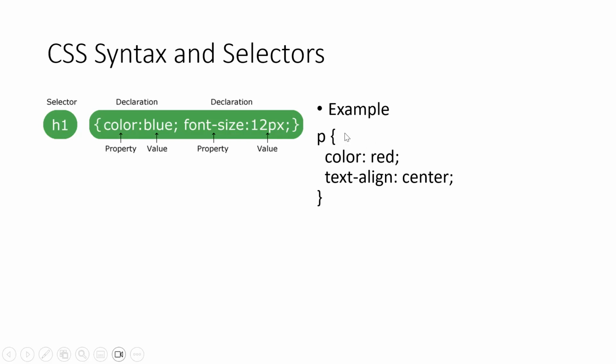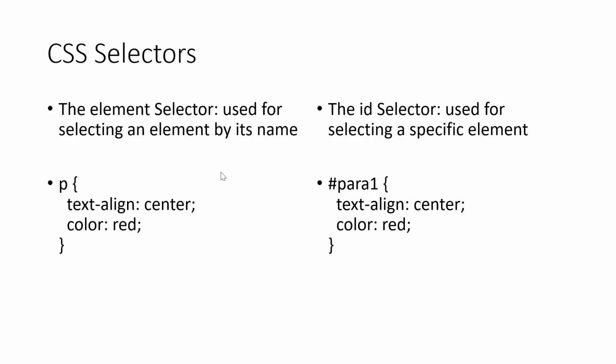Similarly, in the next example we have a P, the paragraph; the color should be red and the alignment should be center. So this is the very simplest form of selecting. Now, when you talk about selectors, the element could be the selector.